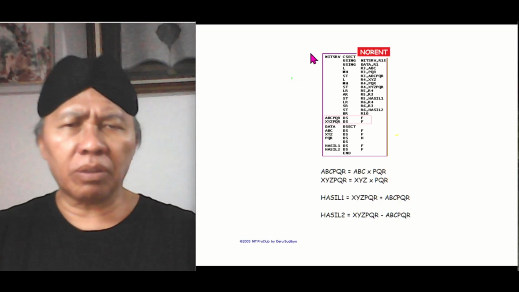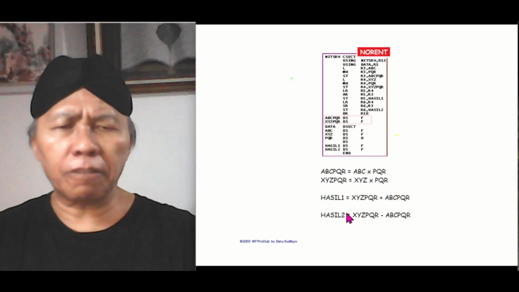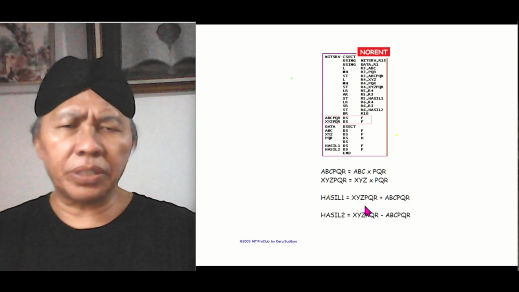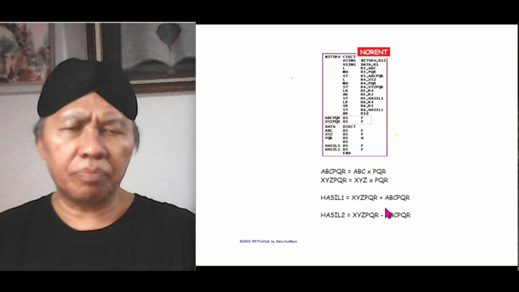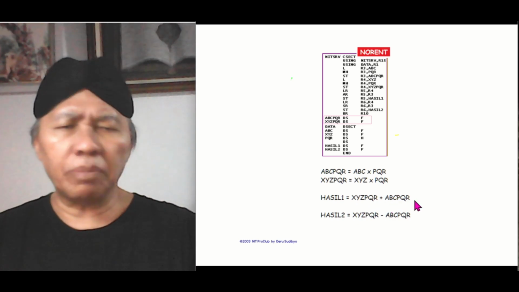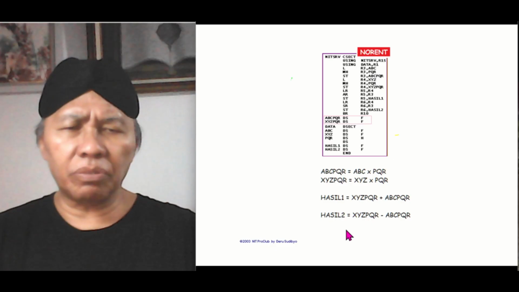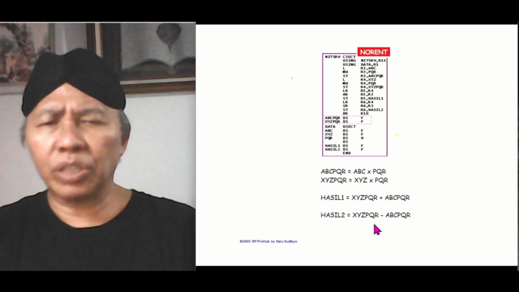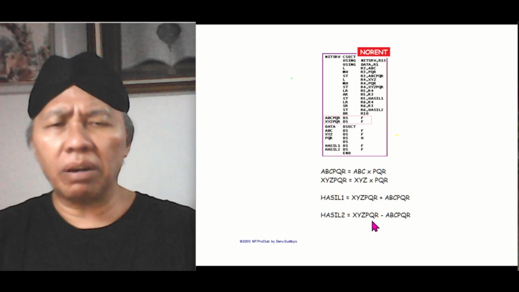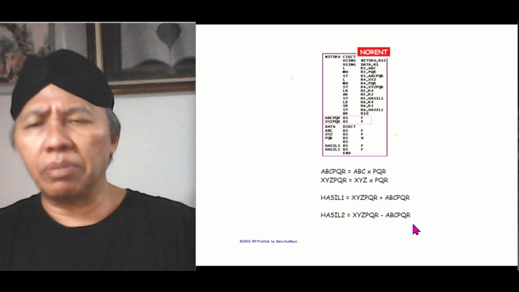This module actually has the function to calculate hasil 1, which is XYZ times PQR plus ABC times PQR, and hasil 2 equals XYZ times PQR minus ABC times PQR.